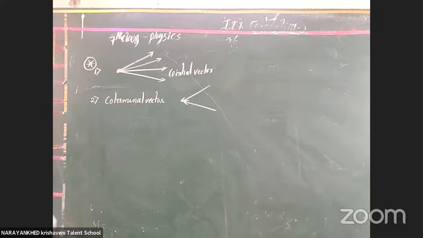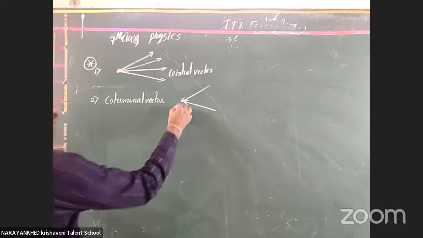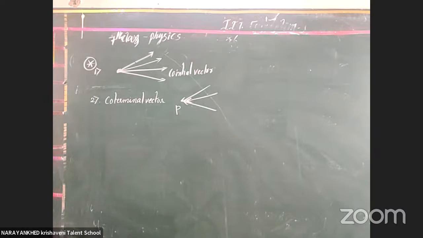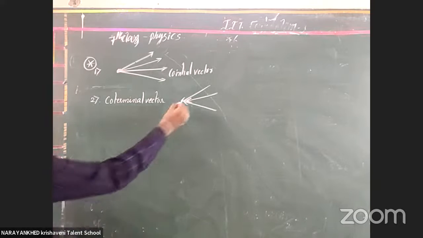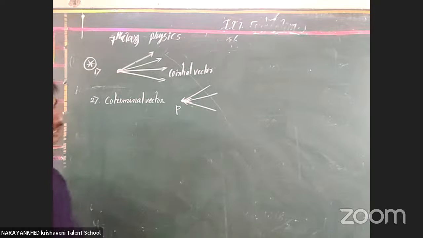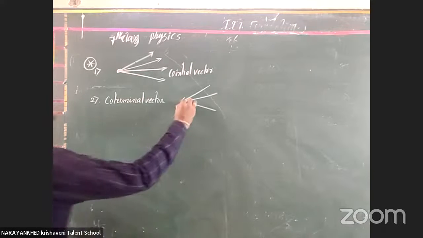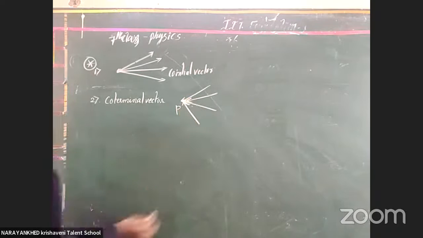They may come from different points, but they meet at one point, and they contain only one direction. All those vectors have the same end point, the same head point. That type of vectors are called co-terminal vectors.